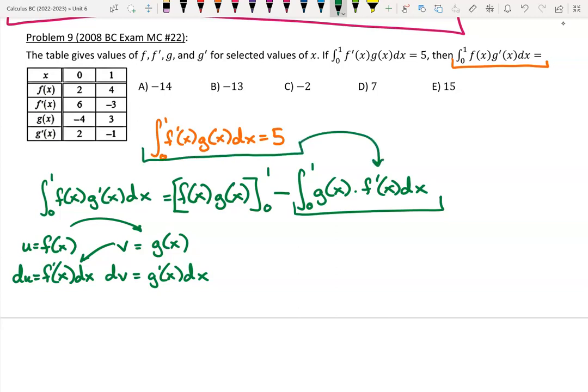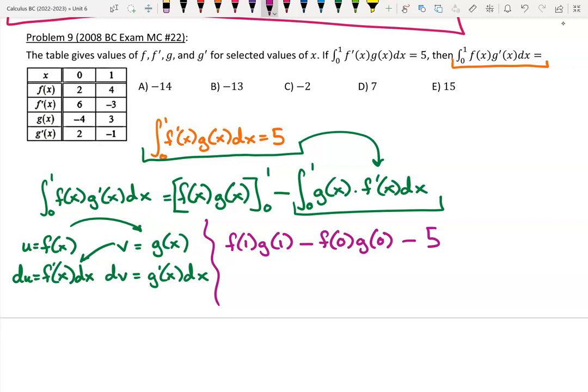That is 5. So all I have to do is evaluate what this is here and then subtract 5. And we're good to go. So we're going to have f of 1 times g of 1 minus f of 0, top minus bottom, g of 0, minus, and then we already said that that whole thing is 5.